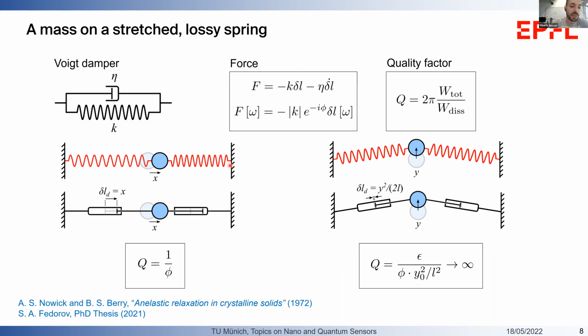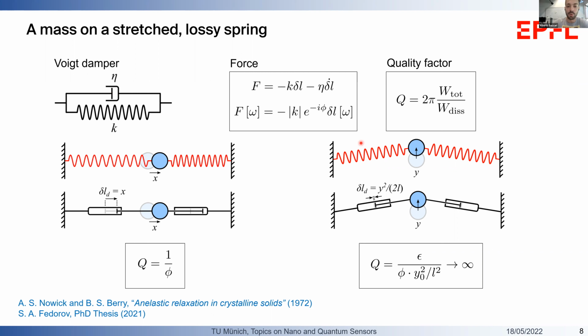And then we can compute it, for example, for the longitudinal mode. We'll recover the quality factor which is exactly the inverse of the loss angle corresponding to the Voigt damper. So basically exactly what is set by the friction properties of the damper that we put on each spring.